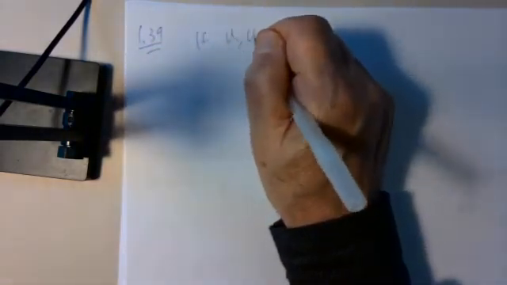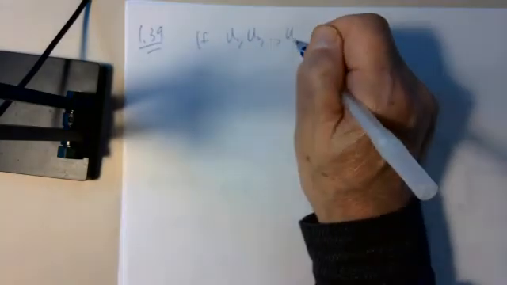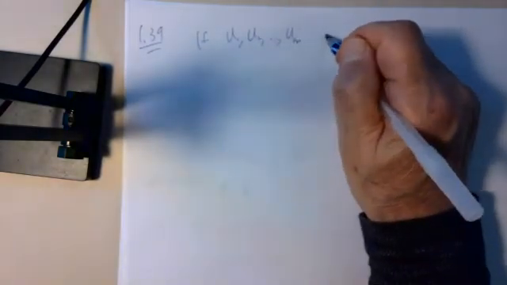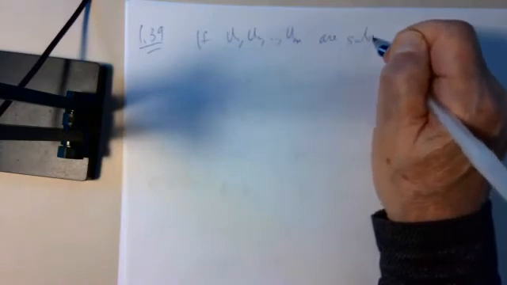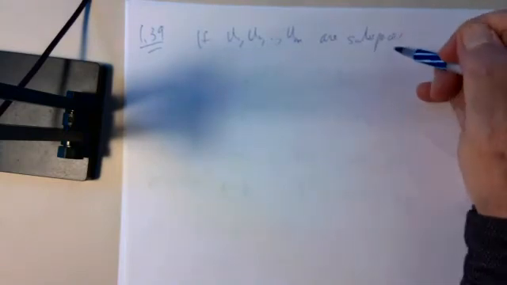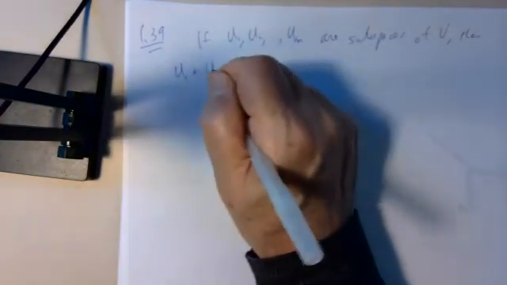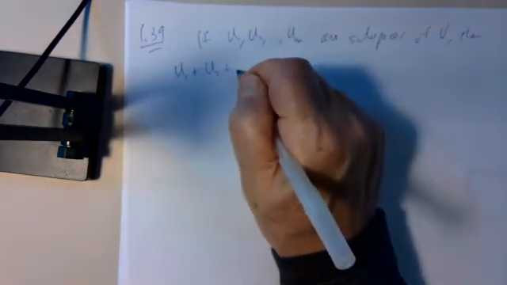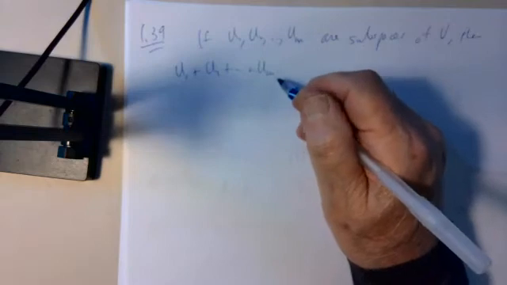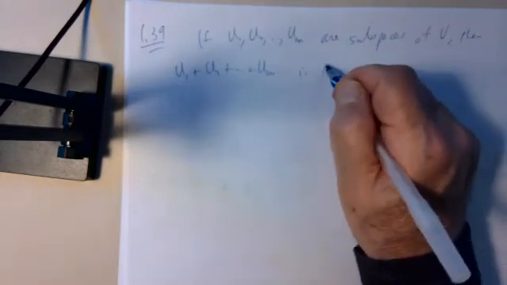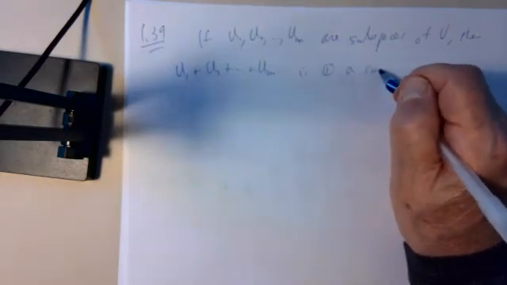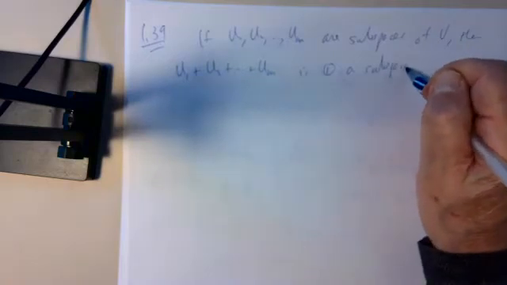It says if U1, U2, up to U sub m are subspaces of V, then if I add them, I take the sum set, it is first of all a subspace of V also.